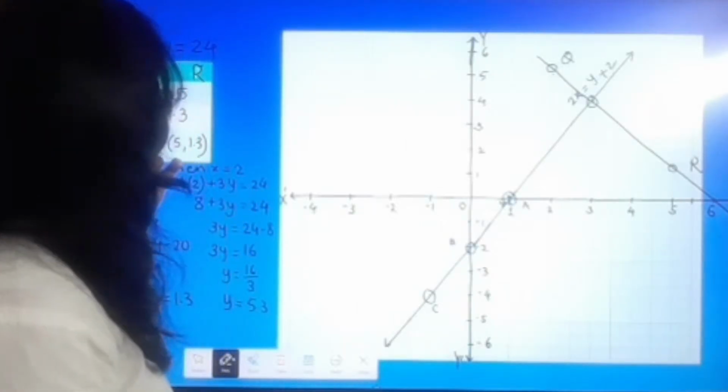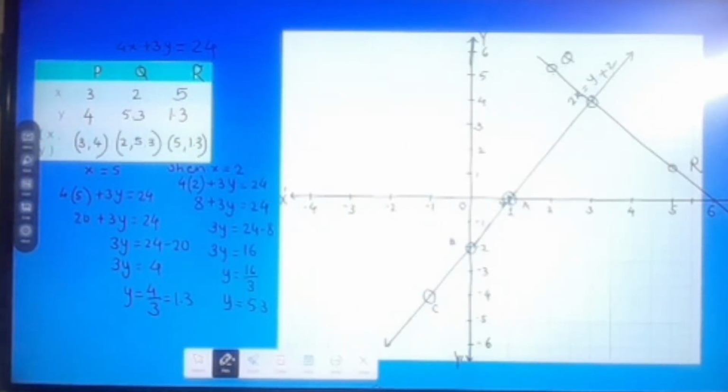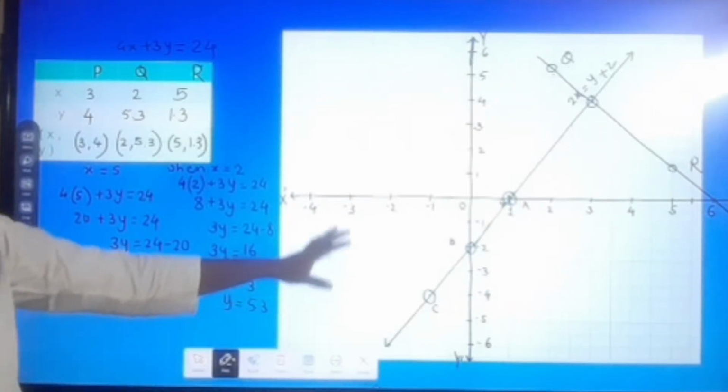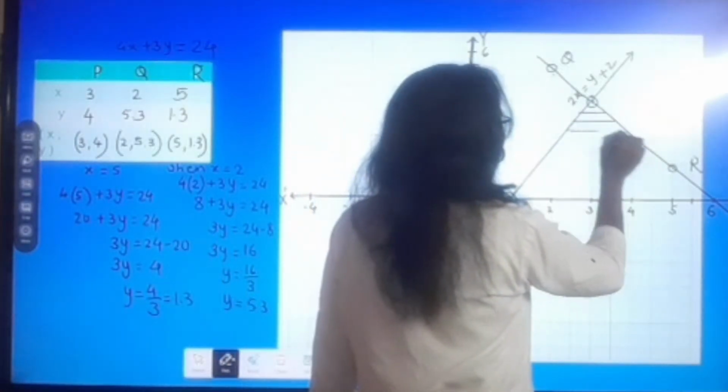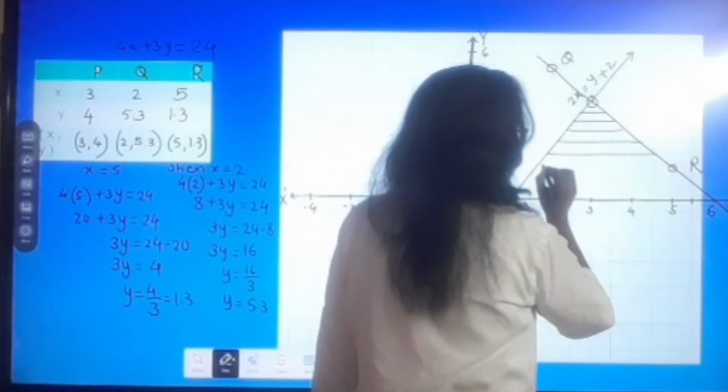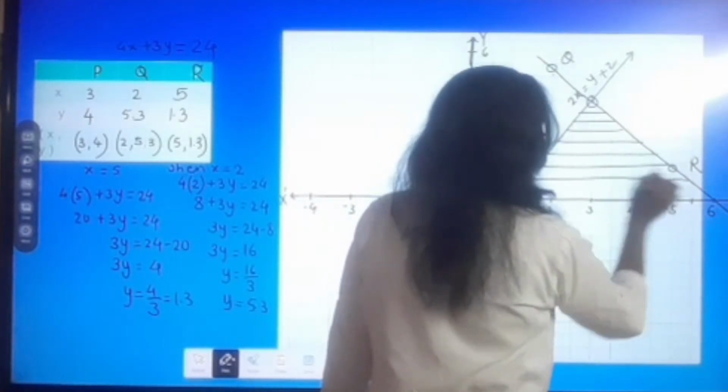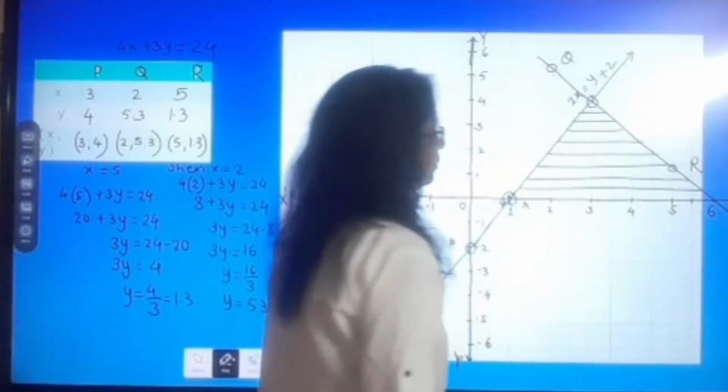So now here students, what is the question here? The question is that we have to find out the area of the given triangle. What is the area of this triangle?